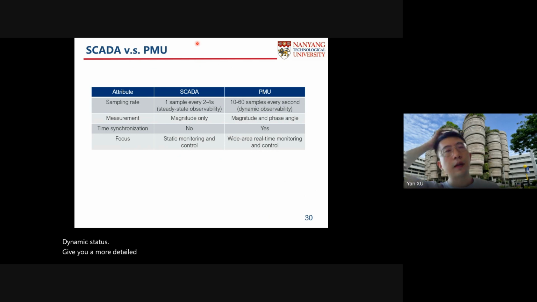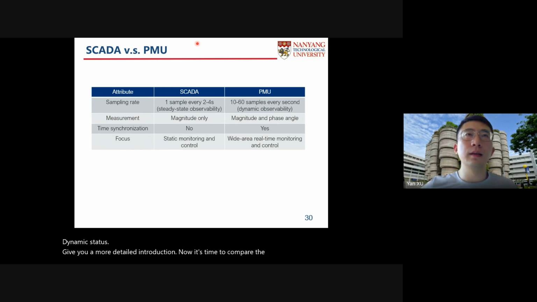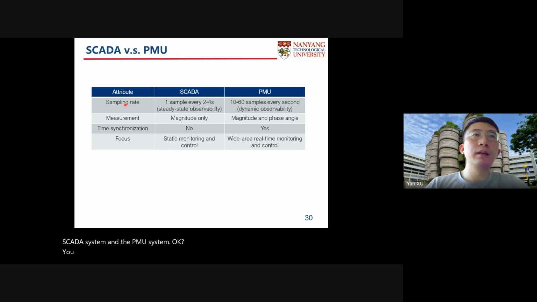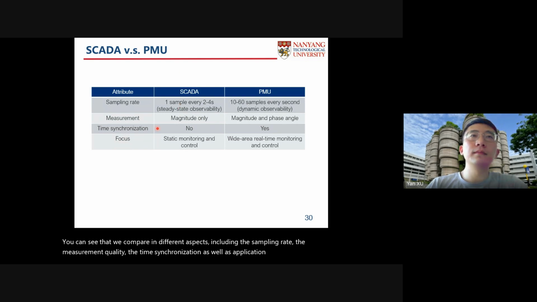Now, it's time to compare the difference between the SCADA system and the PMU system. You can see that we compare different aspects, including the sampling rate, the measurement quantity, the time synchronization, as well as application. For the SCADA system, the sampling rate compared with PMU is much lower. Every 2 to 4 seconds, it will take one sample. So it can only support steady state observability.